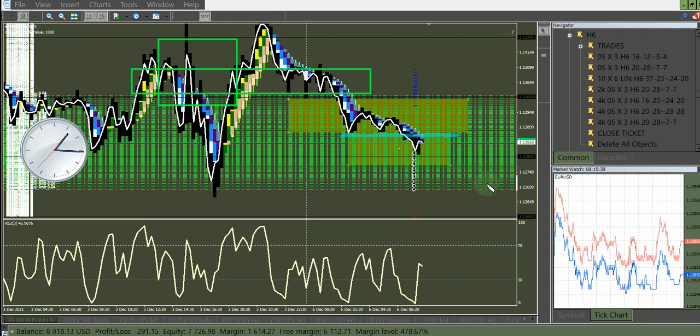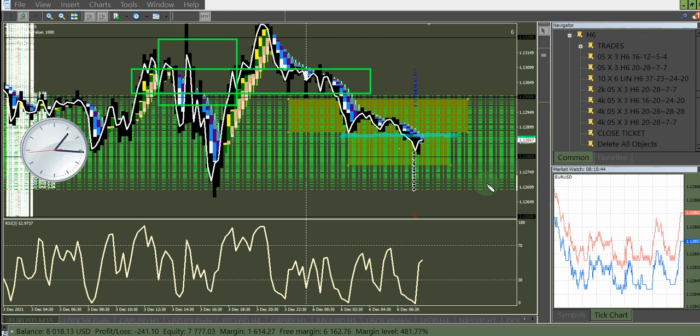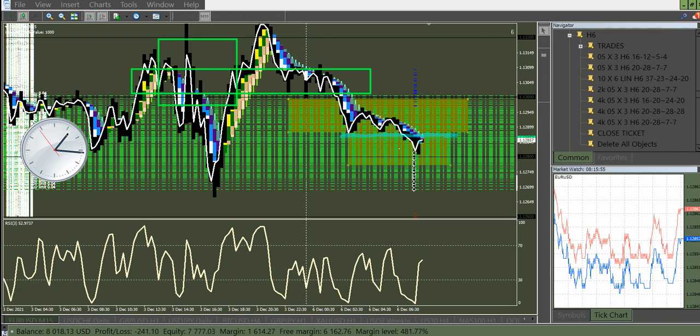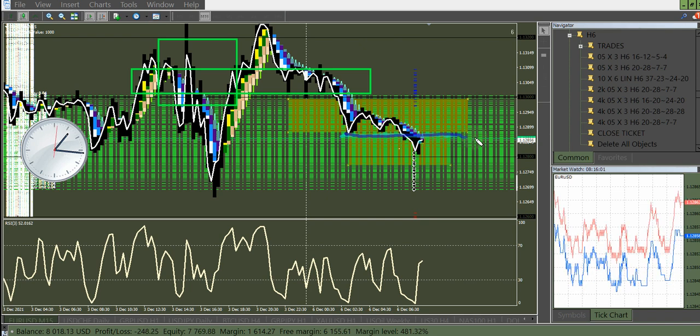Because now this could be the low of the day. And Europe's about to open. Did they auction it down too far? Are we too deep down in the market? Is this going to be really held right now?